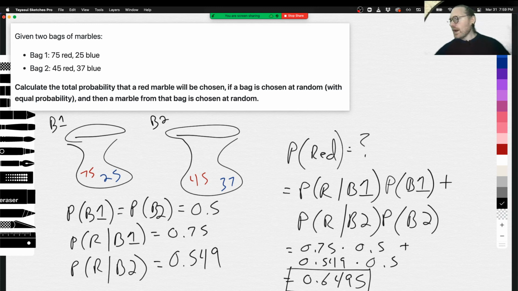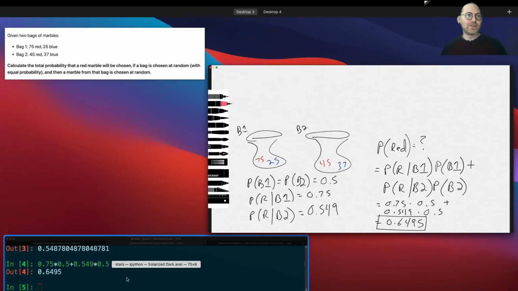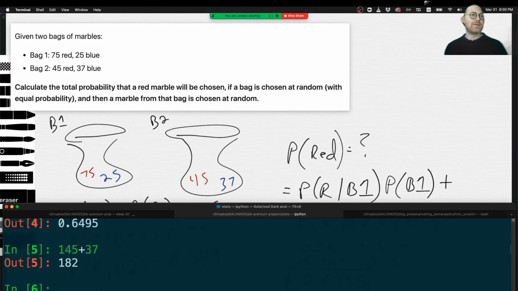Something that I might point out here is that in this case we have equal probabilities for bowl 1 and bowl 2, and we would get a very similar result if we add up the total marbles, which is 100 plus 82, 182, great.